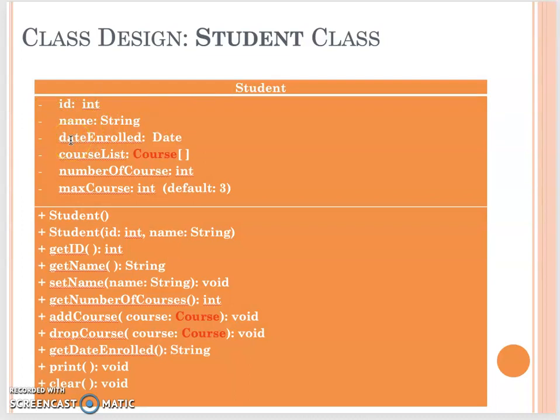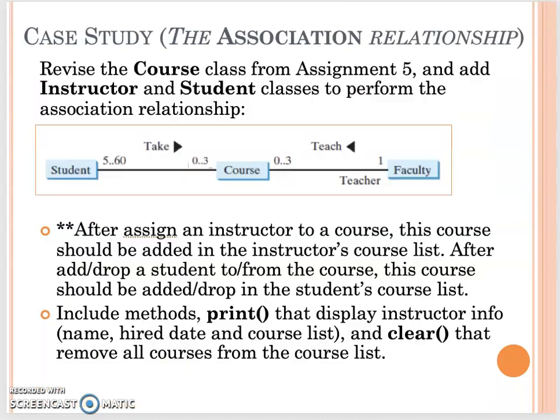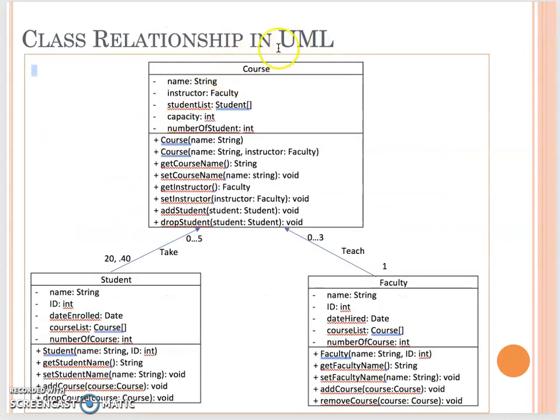Just one thing is instructor has date hired, student has date enrolled. So then you have course list, you have number of courses. So maybe if you want, you can have a maximum course for the student. So that's how we revise the relationship from the UML diagram. So that's why here I have the updated UML diagram.